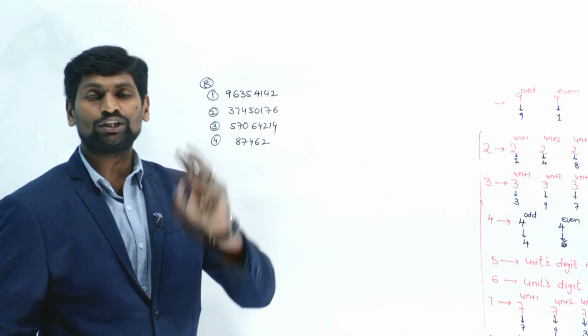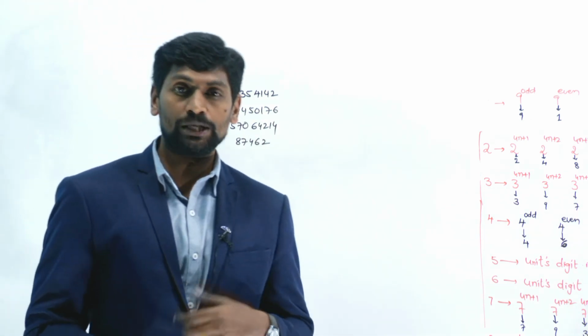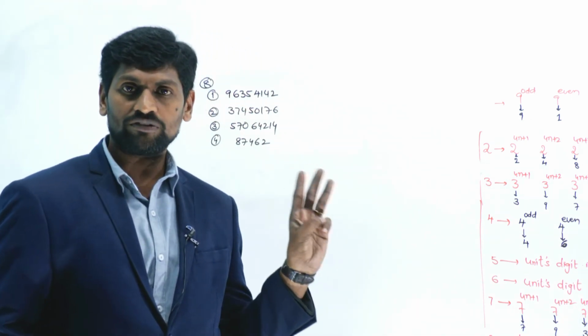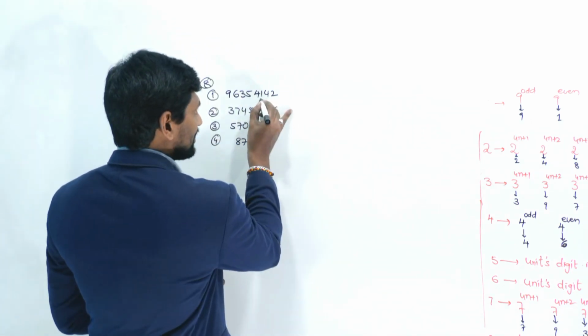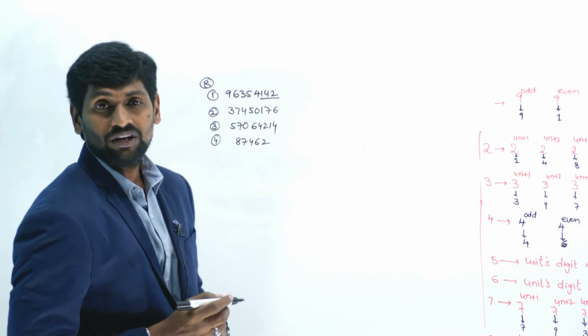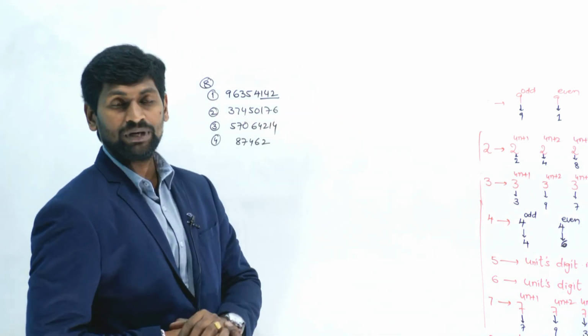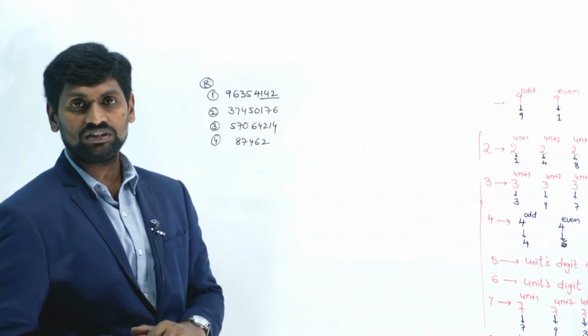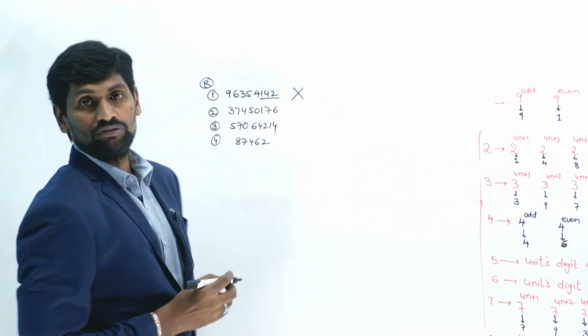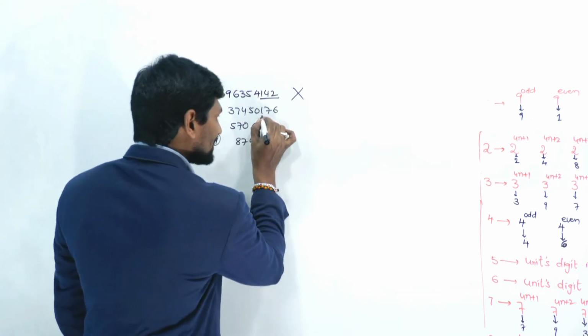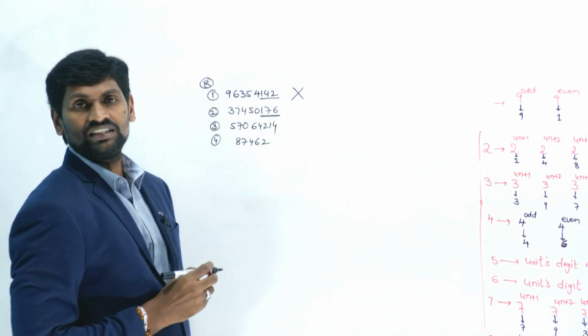Last 3 digits of a number are zeros or a multiple of 8. So what are the last 3 digits? 142. Is 142 a multiple of 8 or not? Definitely it is not. 176, last 3 digits.